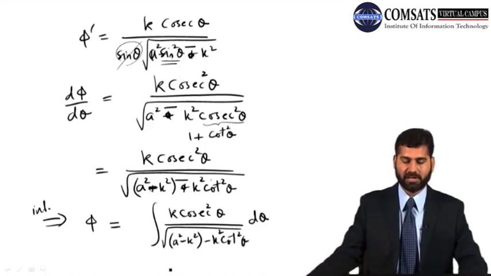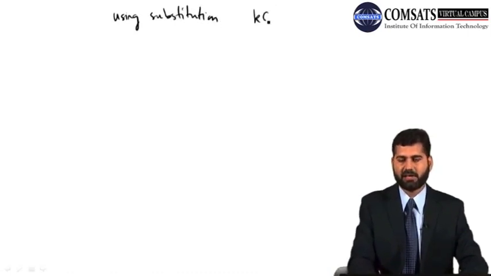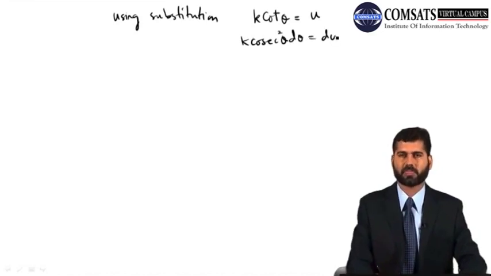So now by integrating, by using substitution, of course at this level this integration should not be difficult for you guys, but if you take k cot theta is equal to, let's say, u, all right, then k cosecant square theta d theta should be equal to du.